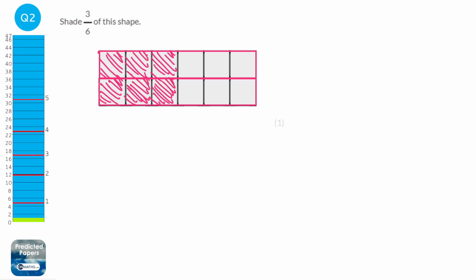And that's our answer. Now you might notice that 3 over 6 is the same as a half, because we can divide top and bottom by 3, and so all I need to do is shade in a half. Or you might convert 3 over 6 into 6 over 12, and there are 12 squares altogether, so it's 6 of the 12 squares. There are lots of ways of doing this question.